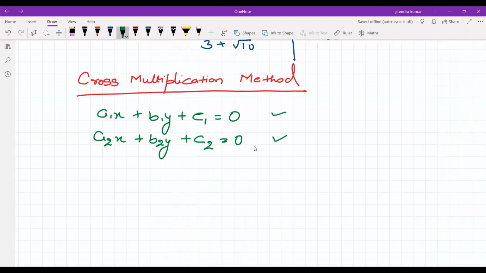Now we can divide it into 3 columns. So we have 3 columns here: A1 A2, B1 B2, and C1 C2. These can be negative or positive, so we have to consider them with sign.